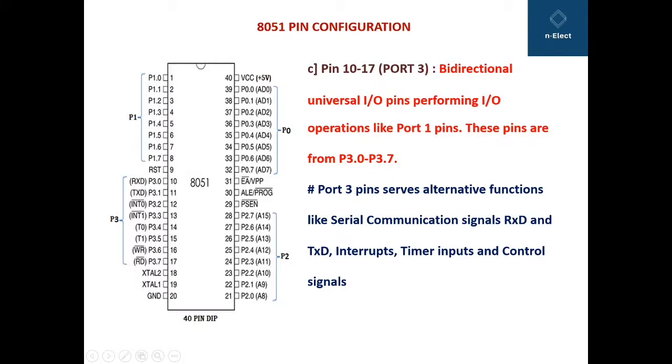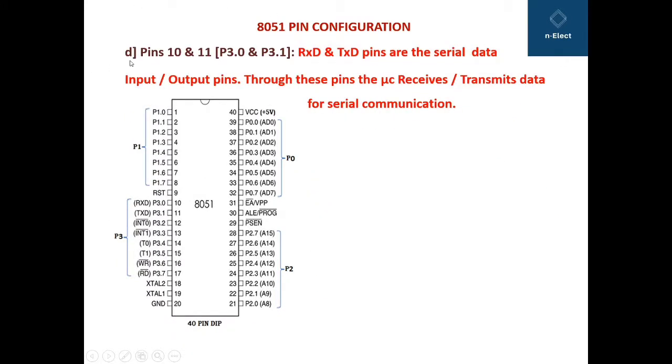We will see them in detail. So pins 10 and 11 of port 3 are called P3.0 and P3.1. As you can see here, RxD and TxD, that is receiving data and transmitting data pins, are the serial data input output pins. Through these pins, the microcontroller either receives or transmits data for serial communication.